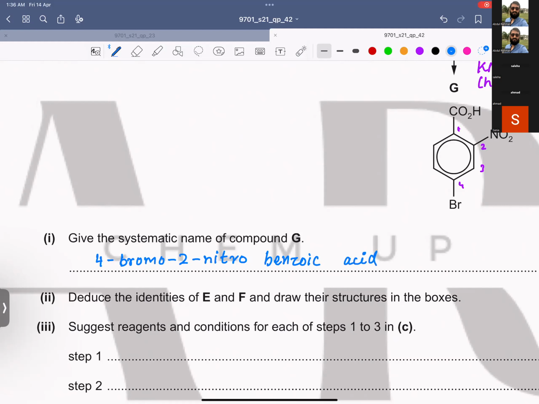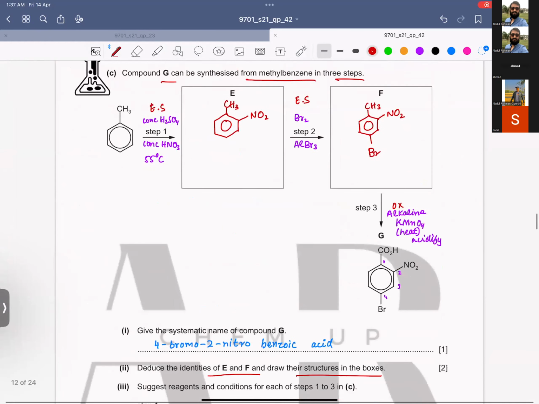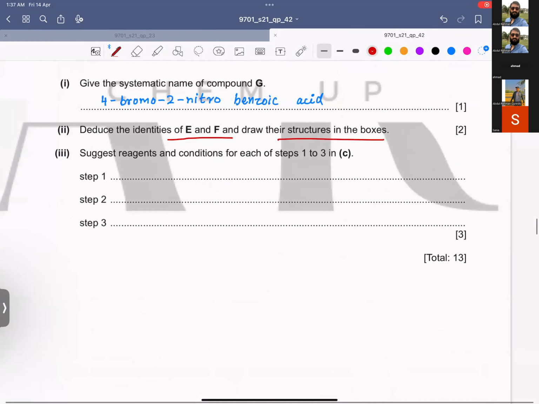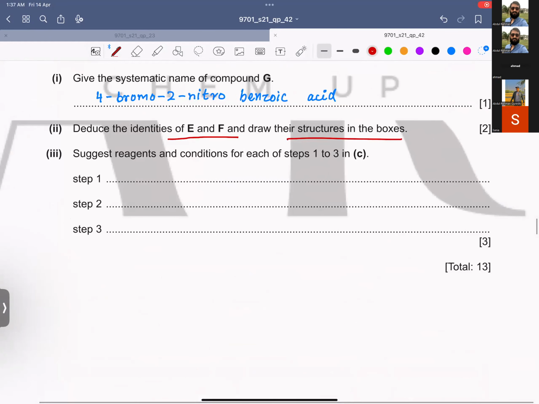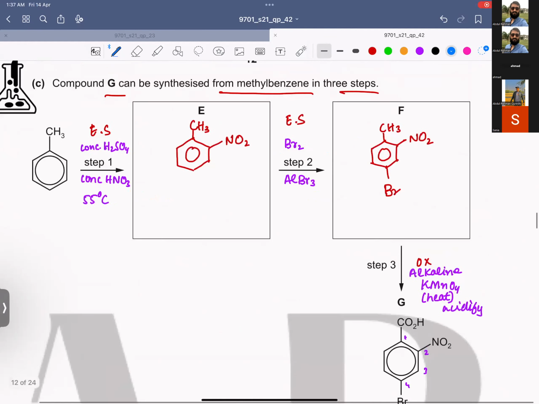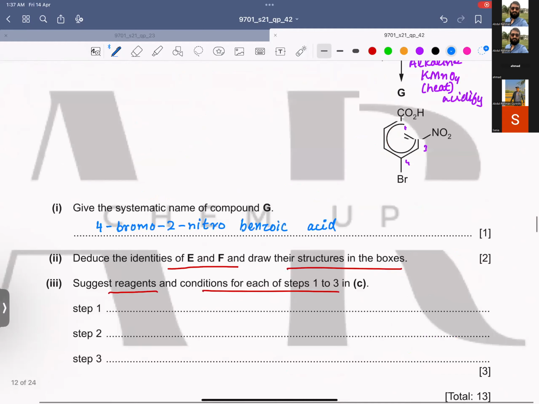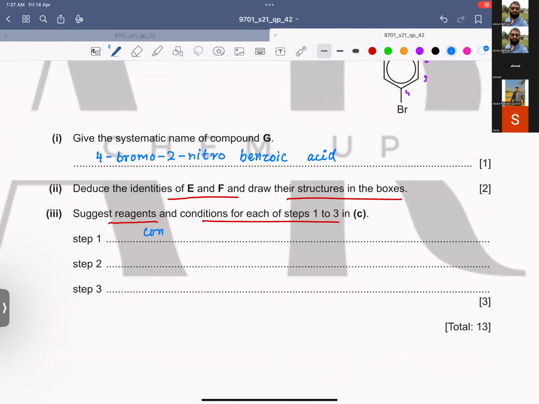Deduce and identify E and F and draw the structures in the boxes. If you see, we already did it. Now what they are asking is to suggest the reagents and conditions for each step 1, 2, 3 in C. In step 1, as we have decided, the condition is concentrated sulfuric acid, and the reagent is concentrated nitric acid.